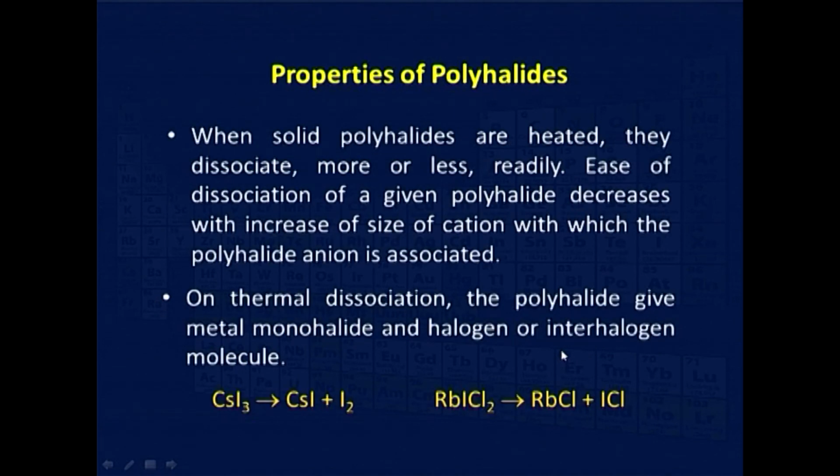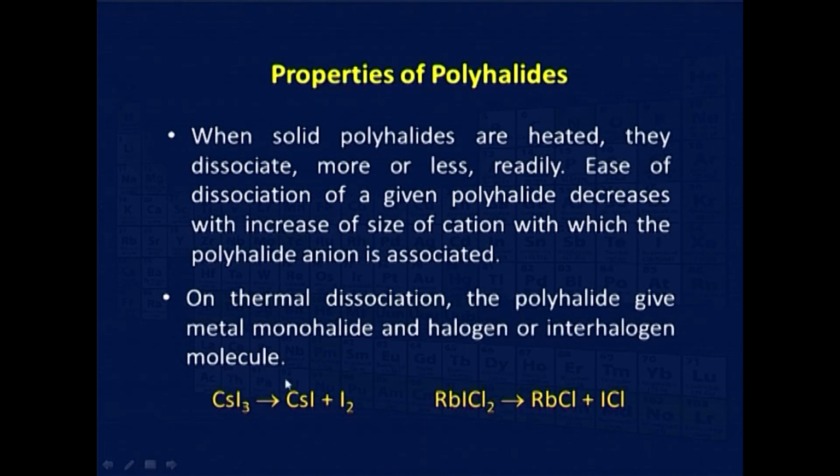When solid polyhalides are heated, they dissociate more or less readily. The ease of dissociation of a given polyhalide decreases with increase of size of the cation with which the polyhalide ion is associated. On thermal dissociation, the polyhalide gives a metal monohalide and a halogen or interhalogen molecule like this.